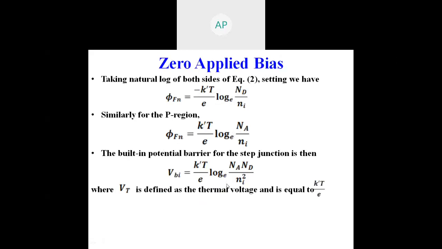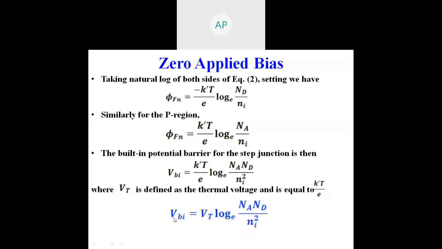Here kT divided by e is called the thermal voltage, and the thermal voltage depends on the temperature, which is given as T divided by 11600.